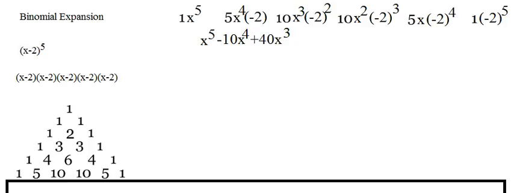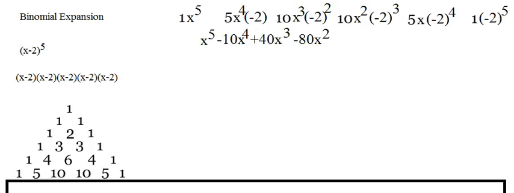Then I get negative 2 cubed. That's negative 2 times negative 2 times negative 2, which is negative 2 times negative 2 is 4. 4 times negative 2 is negative 8. Negative 8 times 10, that's negative 80x squared. Okay.